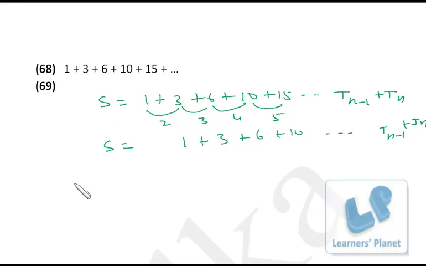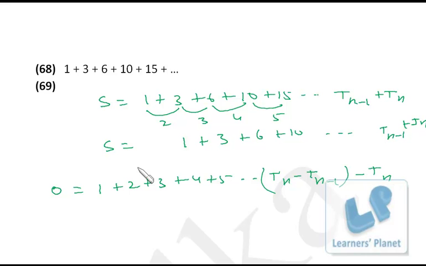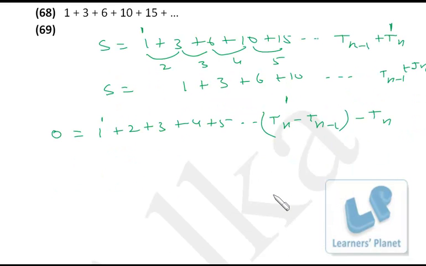So S minus S is equal to 1 + 2 + 3 + 4 + 5 + ... + (tn - t(n-1)) minus tn. Now from this to tn there are n terms, and 1, 2, 3, 4, 5 are all in arithmetic progression.